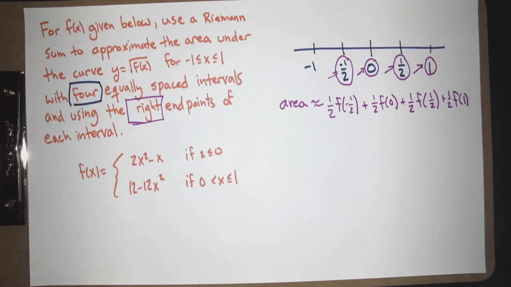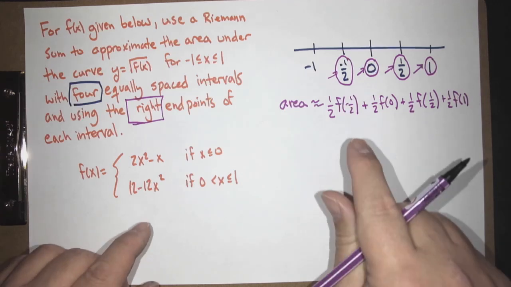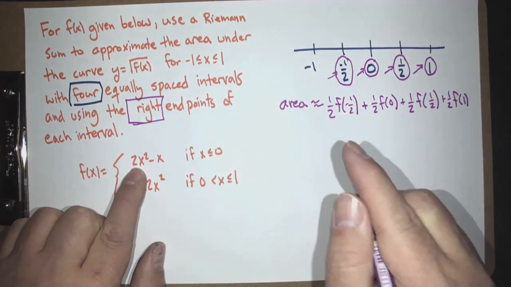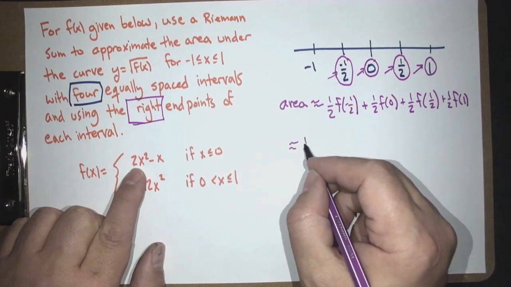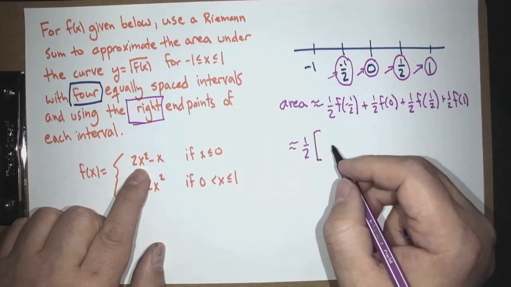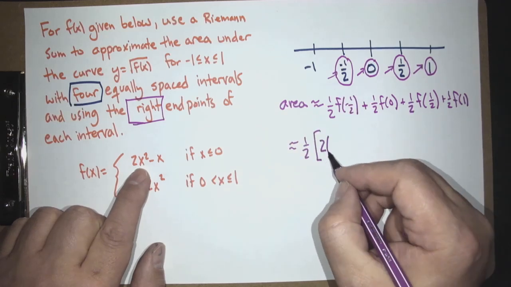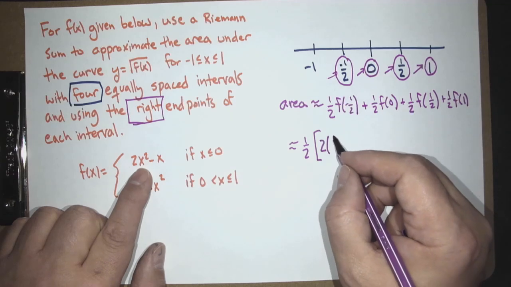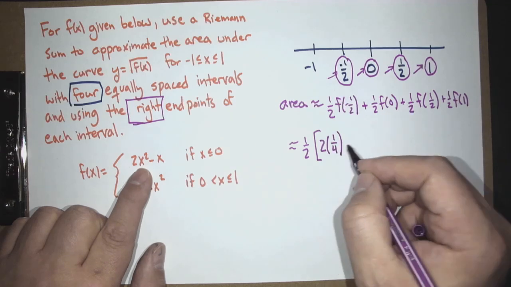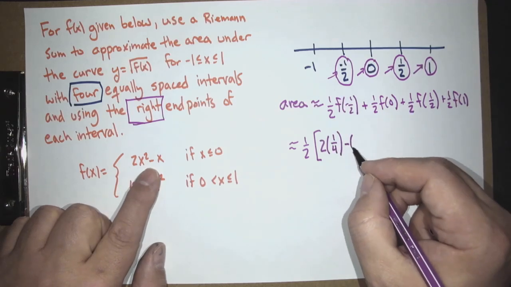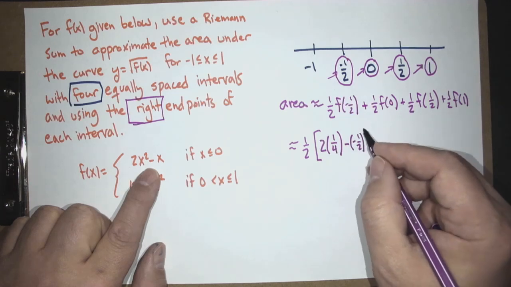Now we need the function. So at this point we look at the function. Okay, so what happens when we plug in negative a half? What do we get? We get 2. Negative a half squared is the same as a quarter minus a half.